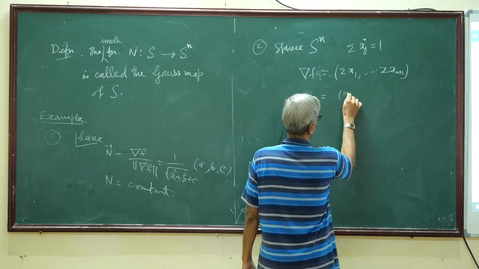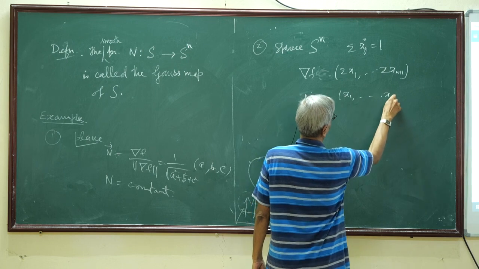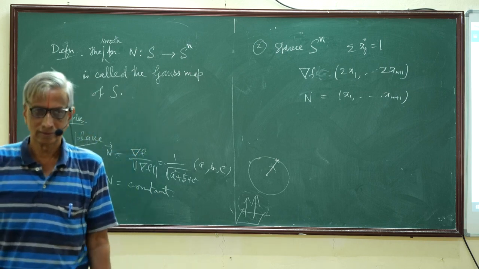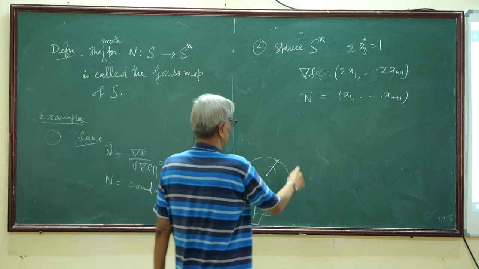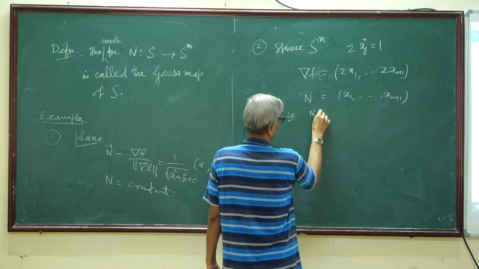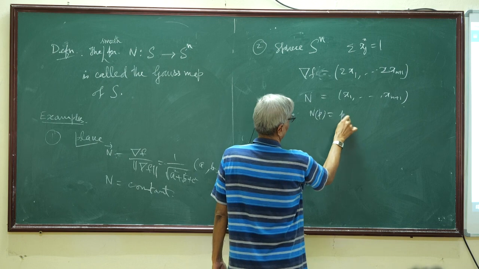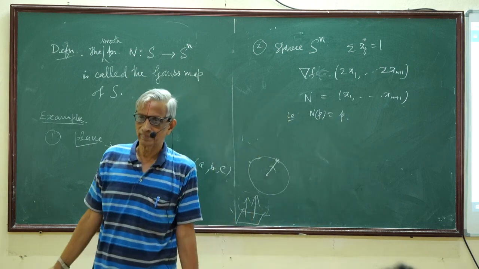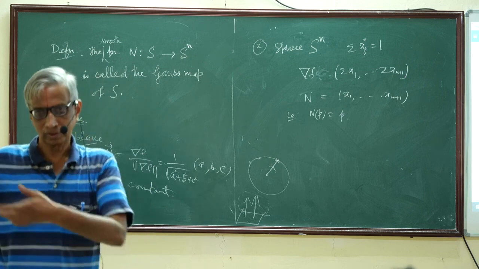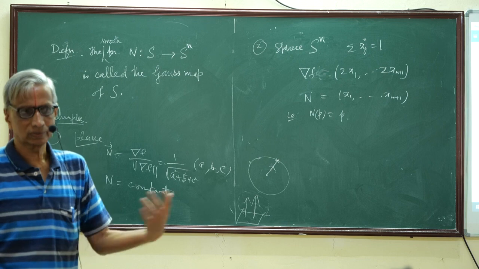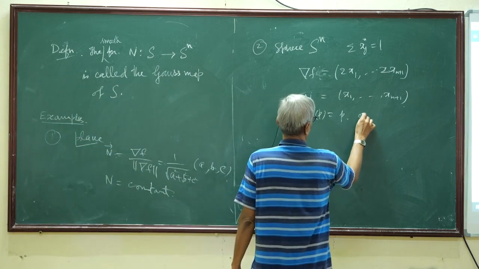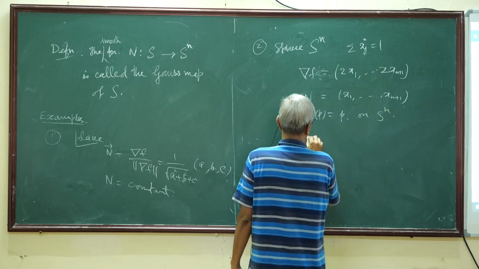We'll again just get... right. That is the identity function, identity map, right? Your surface itself is a sphere. Gauss map is into the sphere, so it's the identity map on the sphere. So identity.